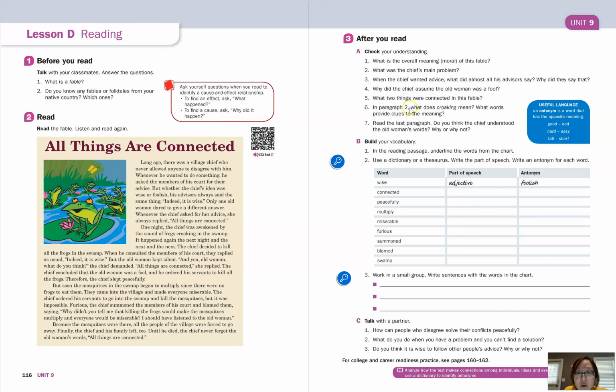Okay, and then number 6. In paragraph 2, what does croaking mean? And what words provide clues to the meaning? The second paragraph is right here, and it says the sound of frogs croaking in the swamp. So we might say that croaking is a sound that frogs make.